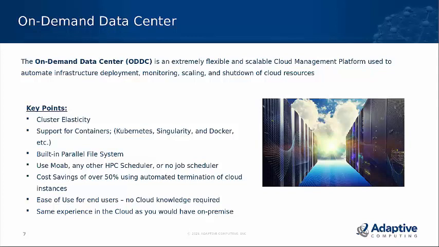For example, you've got 100 nodes but only a head node up. All your compute nodes are down and are only started up when workload comes in, and that's where your cost saving comes from. There are other key features too, like making your cloud environment portable. You can move it around between providers and between different instances, and this is where on-demand data center assists you a great deal.